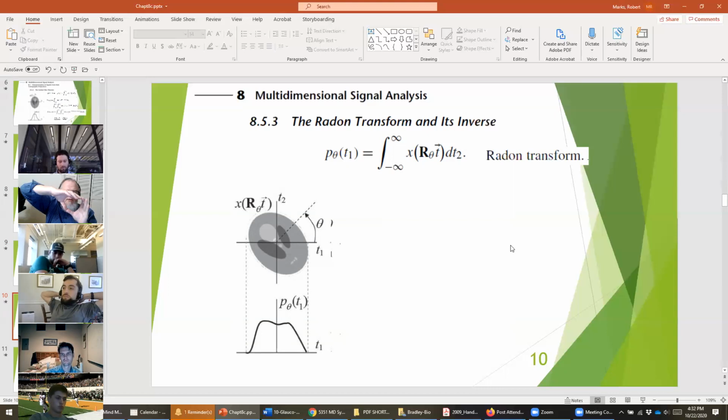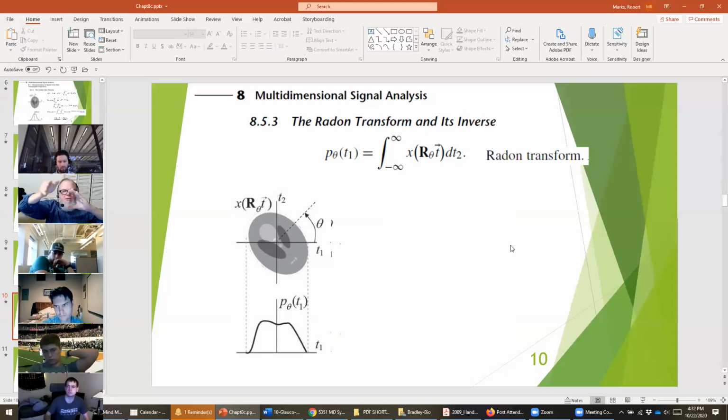It's the same result. We could either keep the object the same and rotate the projections at different angles, or we can keep the projection the same and rotate the object. The result's going to be exactly the same. It's a different way to think about it. And if you were doing it in practice, if you went in and took a CT scan, it makes a difference whether they're going to rotate the projections or they're going to rotate you.